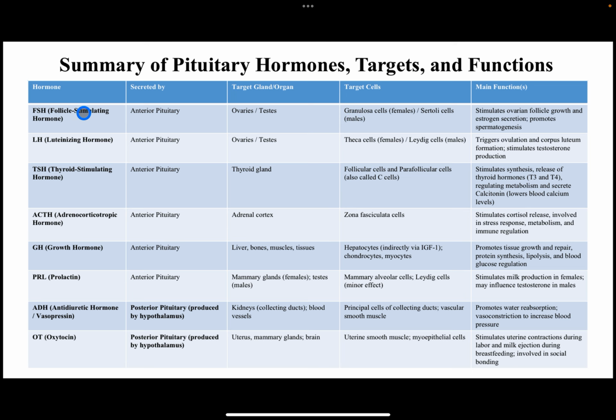So this very hormone targets the ovaries and the testes. In females, it targets the ovaries, specifically the granulosa cells. For males, it targets the testes, specifically the Sertoli cells.